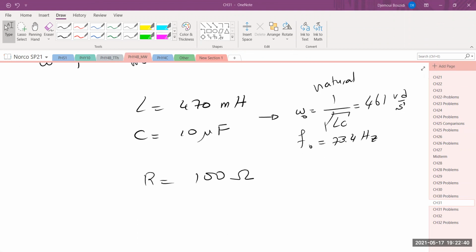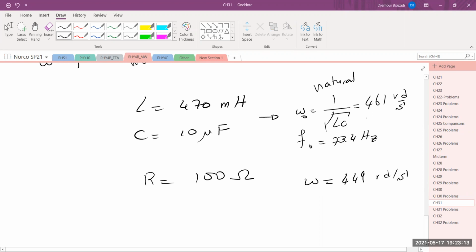So it's going to be this number minus open parentheses 100 divided by 2 times 0.47, close the parentheses, close the second parenthesis, and square this number because it has to be squared, and close the parentheses and take the entire square. It turns out that this frequency omega is 448.8 or 449 radians per second.